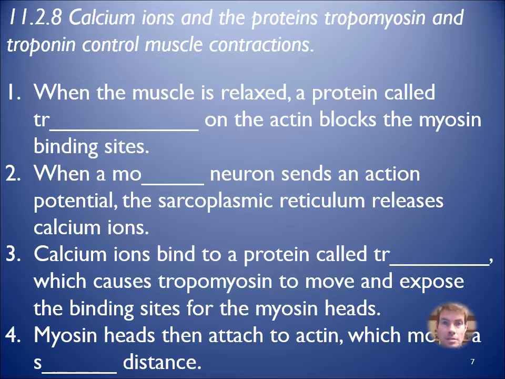So when the muscle is relaxed, a protein called tropomyosin on the actin blocks the myosin binding sites, and when a motor neuron sends an action potential, a nerve impulse, we call it AP, action potential, or an impulse.